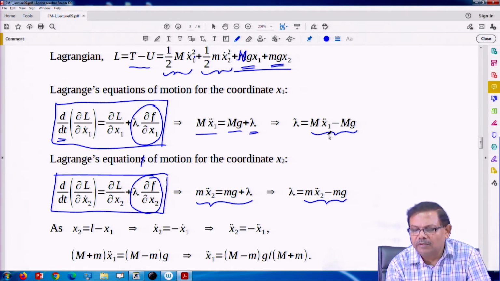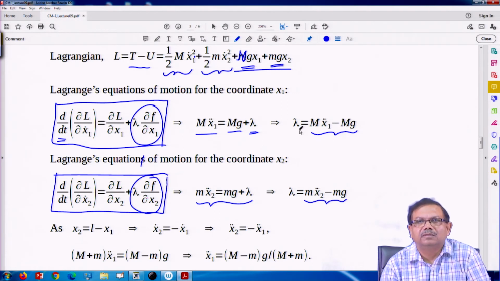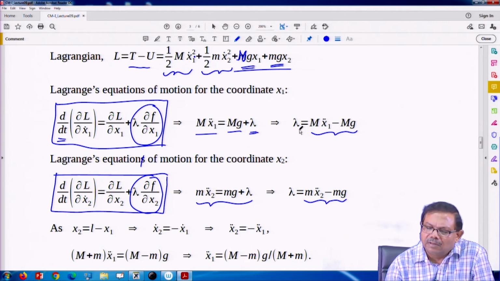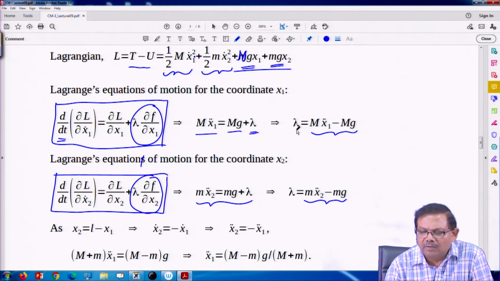We can also find out the meaning of lambda, which we will do in a moment. But I have used a technique called the Lagrange multiplier, and from both the equations I have got the value of the Lagrange multiplier. I equate them.